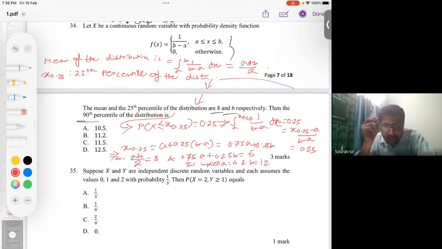So the 90th percentile of the distribution will be, there is a shortage of place actually, so let me solve this part here.